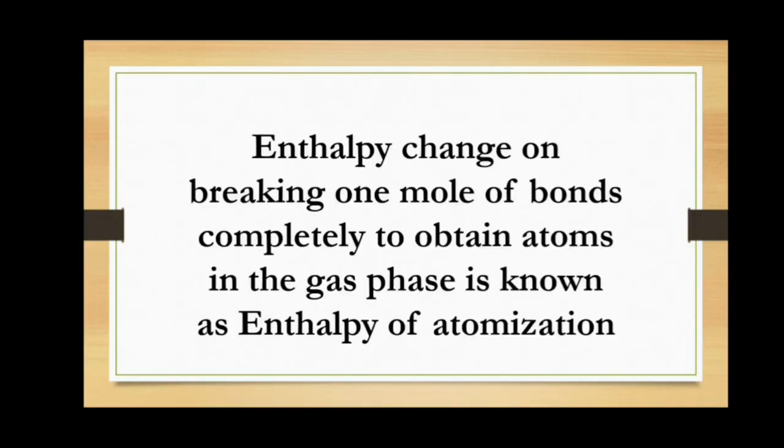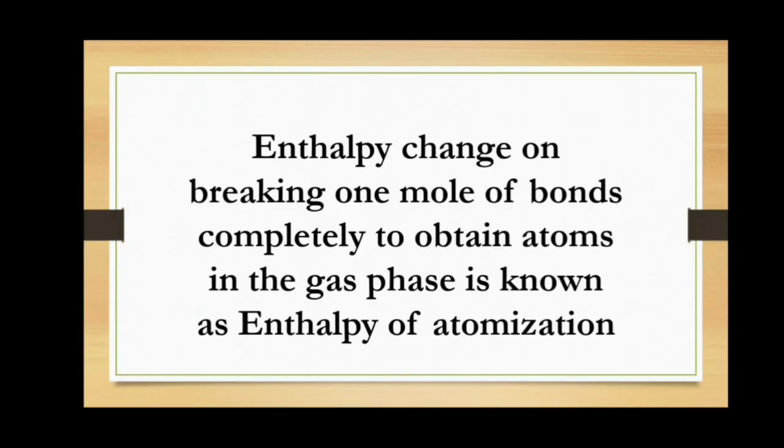That is, the enthalpy change on breaking 1 mole of bonds completely to obtain atoms in the gas phase is known as the enthalpy of atomization. When 1 mole of a bond breaks completely to give atoms in gas phase, the change in enthalpy during that process is known as the enthalpy of atomization.